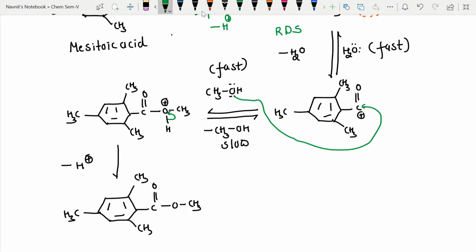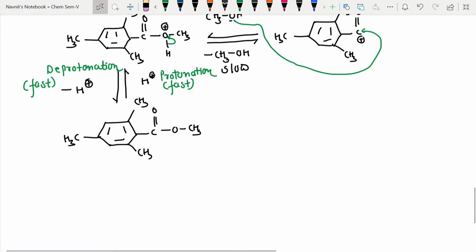This proton gets eliminated, so this step is a deprotonation. And the backward step is a protonation: by adding H plus, we get this step. Both steps are fast. And our product is methyl mesitoate.